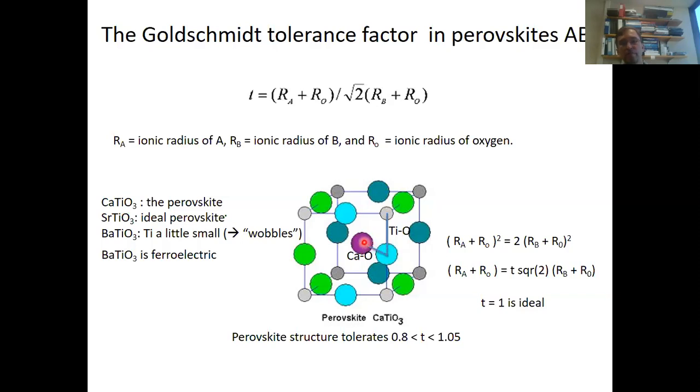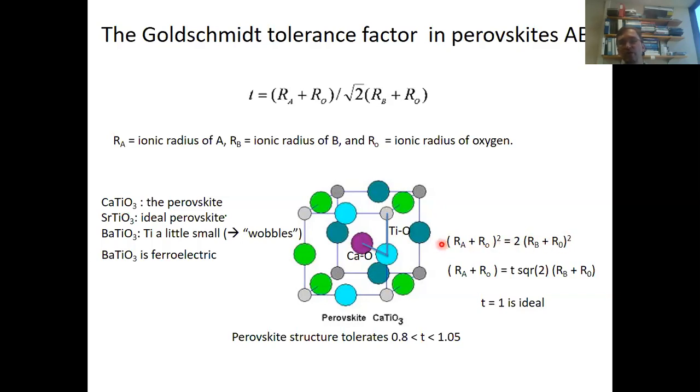And this here is the distance between the species A, for instance, calcium, and oxygen. Okay. Now here we have a 90-degree angle. So according to geometry, the radius A plus the radius of oxygen squared is equal to 2 times the radius B plus the radius of oxygen squared.